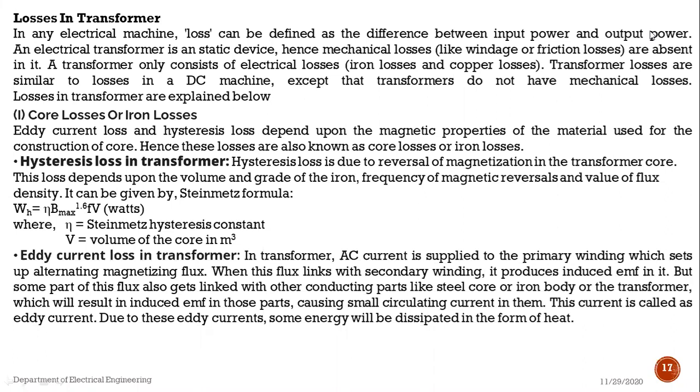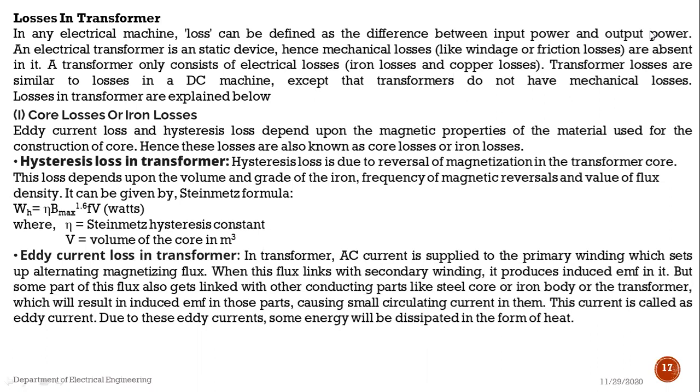Now this loss depends upon the volume and grade of the iron used. That means it depends upon the material's magnetic property, the grade of the iron used for construction of the core, and the volume of that iron.